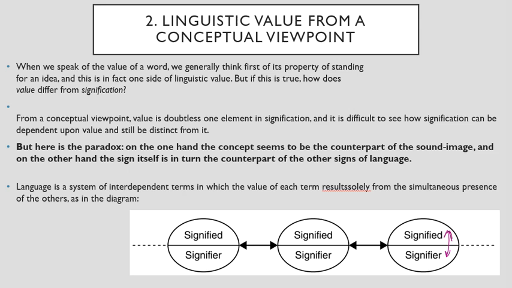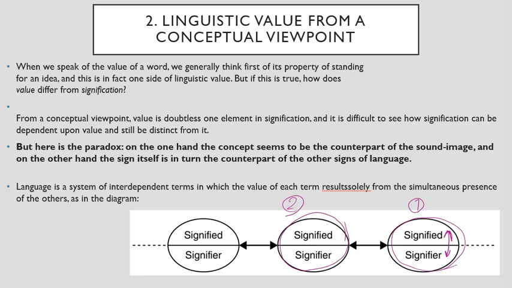The counterpart of the sound image or signifier is the signified or the concept. And on the other hand, the sign itself, so the circle here, let me draw the circle, okay, the sign itself in turn is the counterpart of other signs of language. This one, sign number 1, sign number 2.